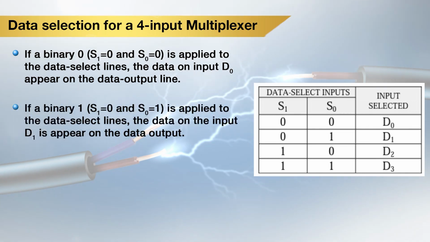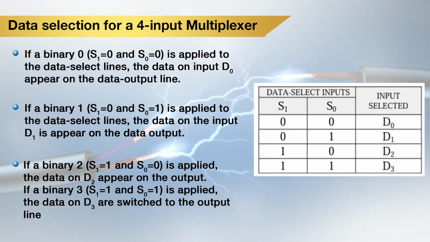If binary 1, that is S1 equals 0 and S0 equals 1, is applied to the data selection lines, the data on the input D1 appears on the data output.